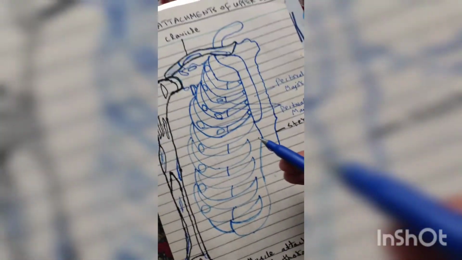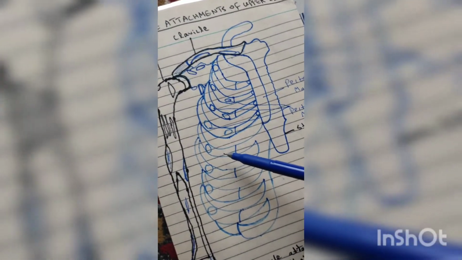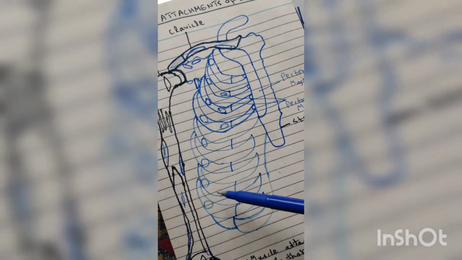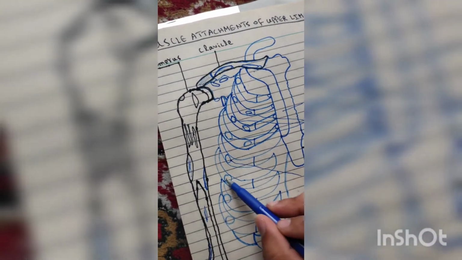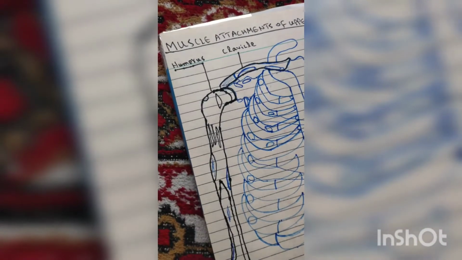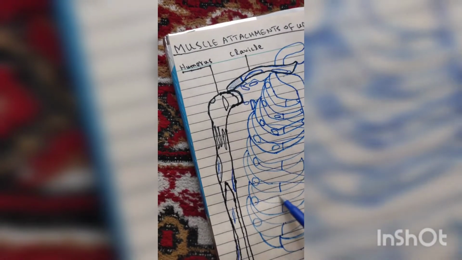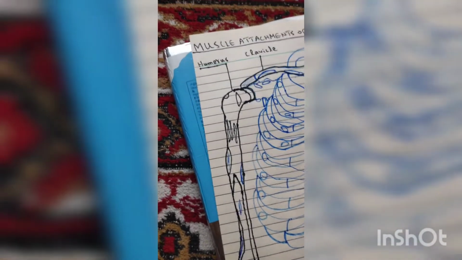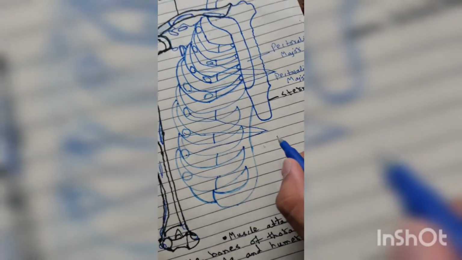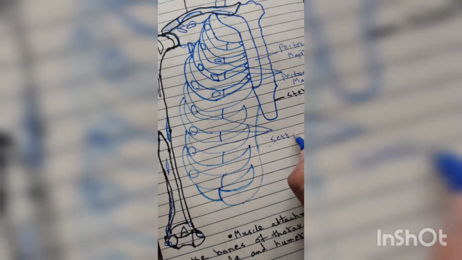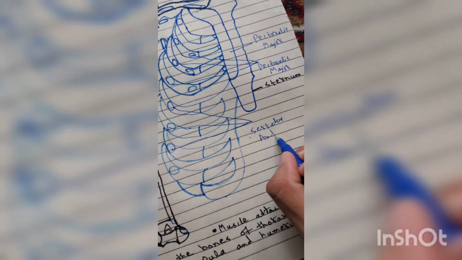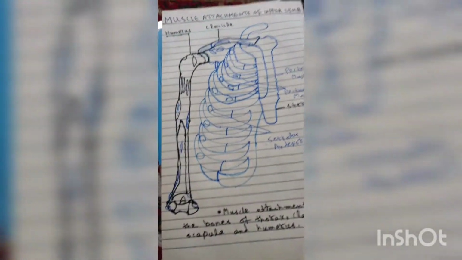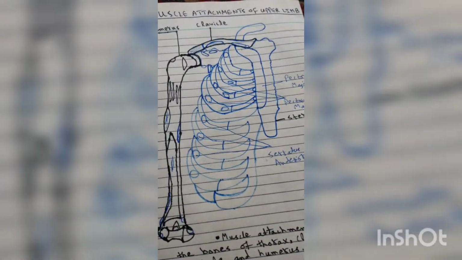Now moving downward, on the sixth, seventh, and eighth ribs, the muscle that is present is known as the serratus anterior muscle. So we have talked about the muscle attachments on each particular rib.